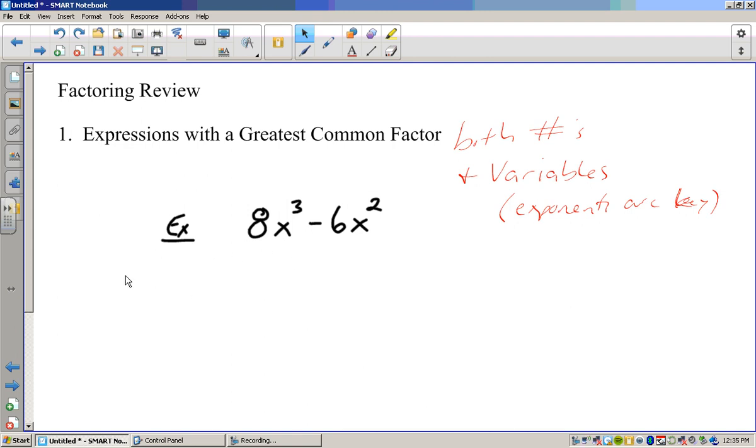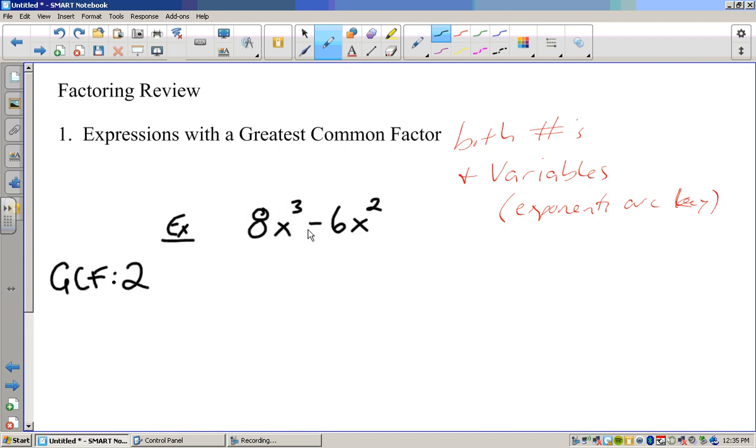So if I write my GCF, my greatest common factor, off to the side here, 2 is going to be the number portion because 8 and 6 share a 2. If you were reducing the fraction 8 over 6, you would divide both of them by 2. So that's a way of thinking about how to figure out what number comes out. Now, as far as the variable goes, it's needless to say that they both have to have the same variable, because obviously you can't take an x out of y.